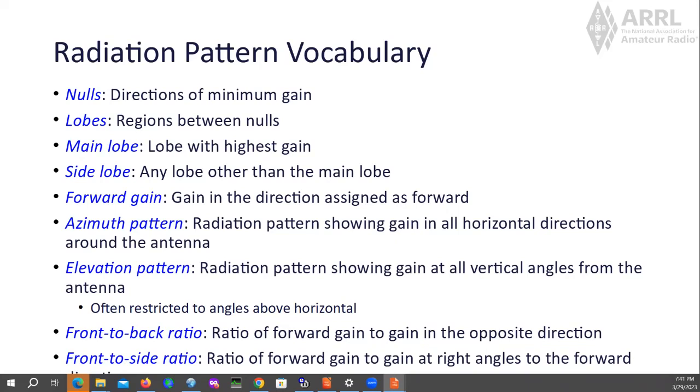Azimuth pattern, radiation pattern showing gain in all horizontal directions around the antenna. Elevation pattern, radiation pattern showing the gain at all vertical angles from the antenna, often restricted to angles above the horizon. Front to back ratio, ratio of forward gain to gain in the opposite direction. Front to side ratio, ratio of forward gain to gain at right angles to the forward direction.